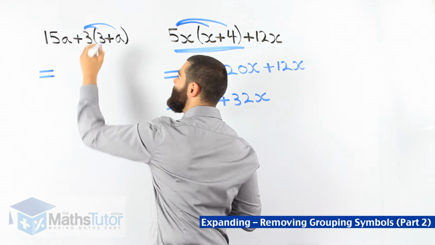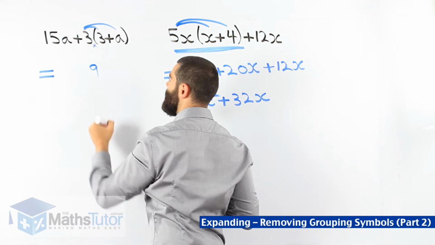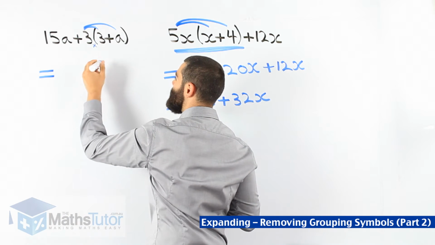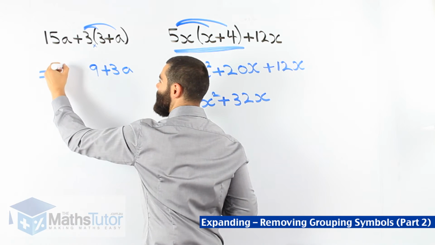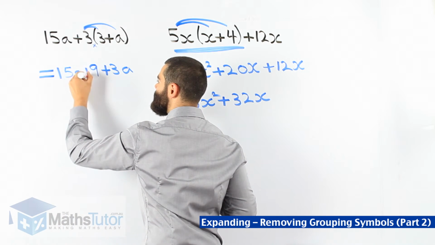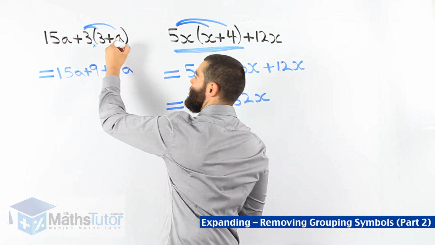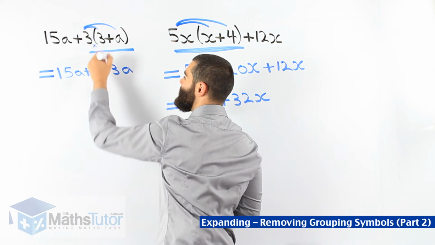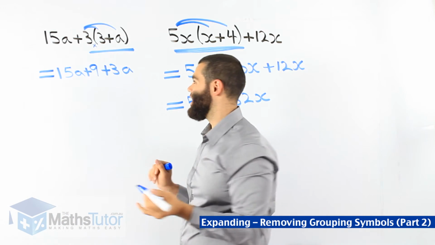So expanding, we know 3 times 3 is 9. 3 times a is 3a. And we know the 15a is at the start. So 15a plus what we just expanded there. Now we can actually simplify.